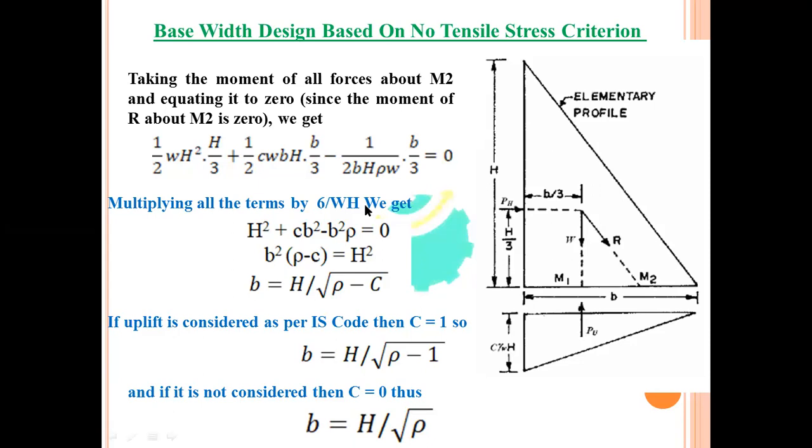So what are the forces? First one, weight of the dam. What is the force and moment? The forces are given by the formulas: water pressure is half WH square, uplift pressure is half C W B H, and the weight of the dam is B H rho W. So what is the formula for moment?